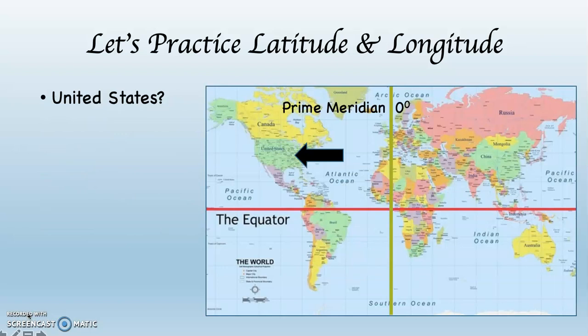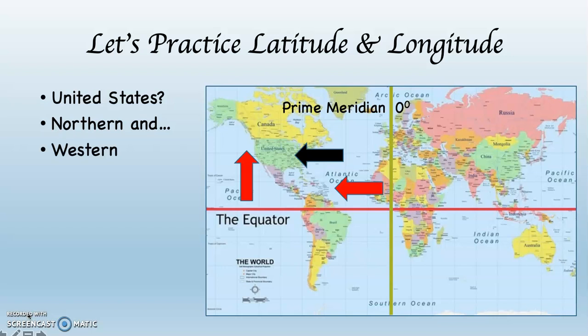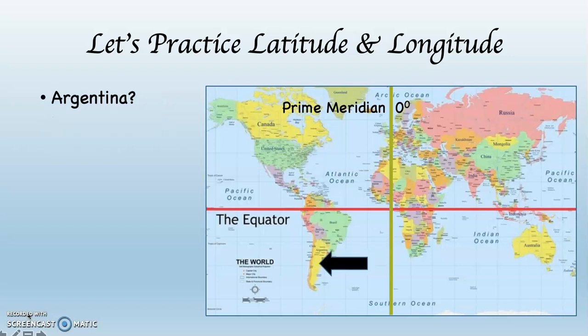Let's practice, shall we? I want you to give me both the latitudinal and the longitudinal hemispheres of these places we already met. The United States. What are the 2 hemispheres the United States resides in? Well, the northern hemisphere and the western hemisphere. Very good. What about Argentina?